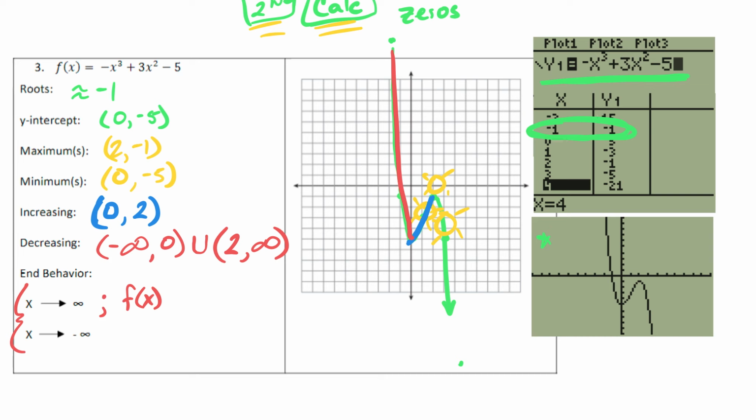Down. The further right it goes, the further down it goes, yes. So the graph is going to -infinity. And the further left we go, the function goes positive infinity. And when it's an odd degree function like this, it should always be that.